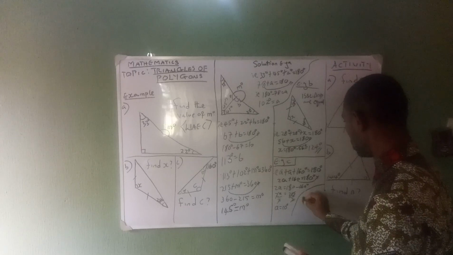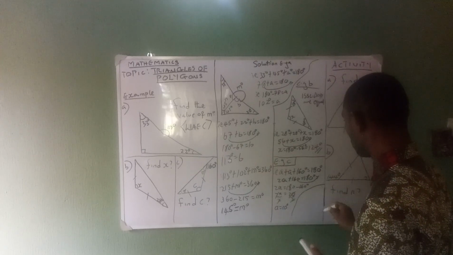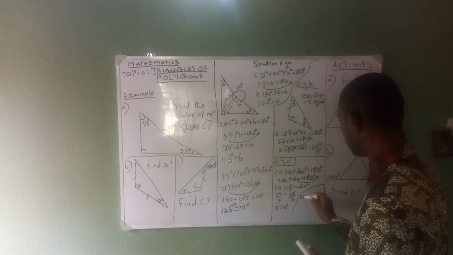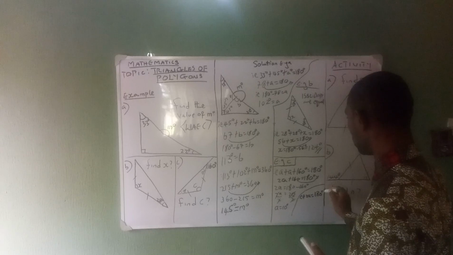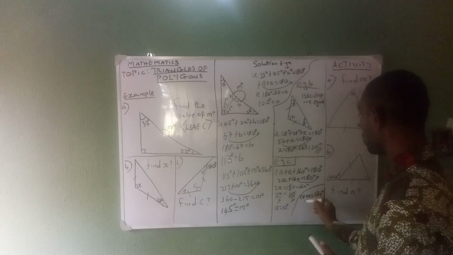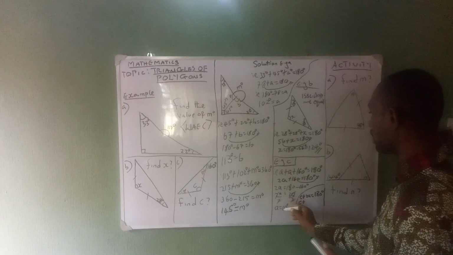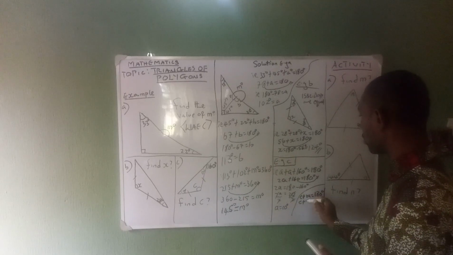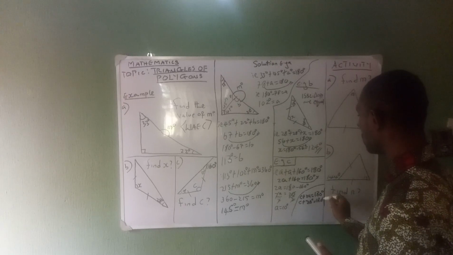Sorry. C plus 2A equals 180 degrees. A is 10, so 2 times 10 gives us 20 degrees.